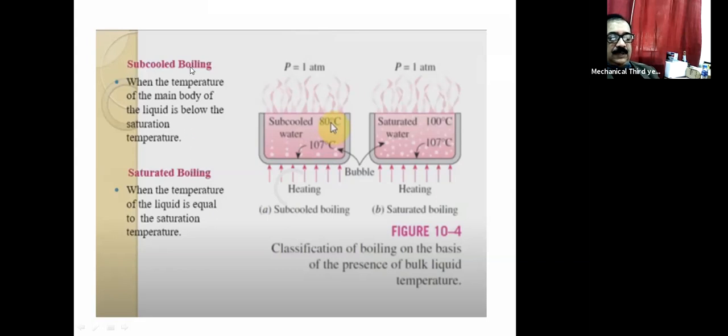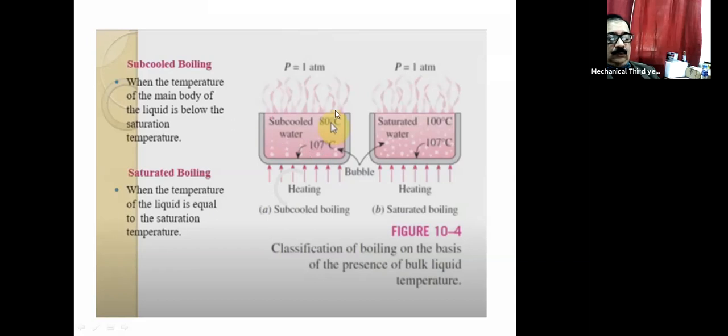What happens in the subcooled boiling? When the temperature of the main body of the liquid is below the saturation temperature. So when you heat at this particular heating surface, we have a temperature of 170 degrees.